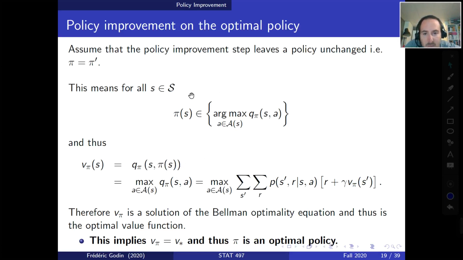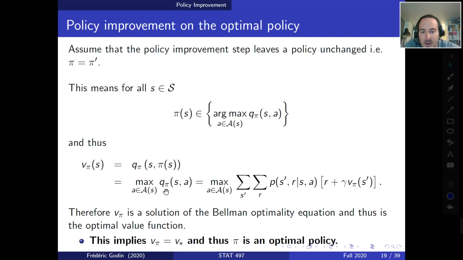Okay, but from that result, from our assumption that the policy remains unchanged, it means that the action pi(s) does indeed maximize the value function for all states s across all actions.